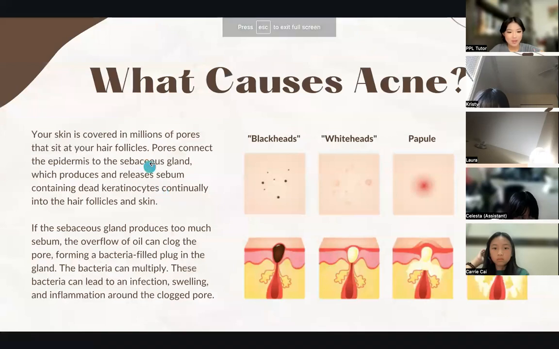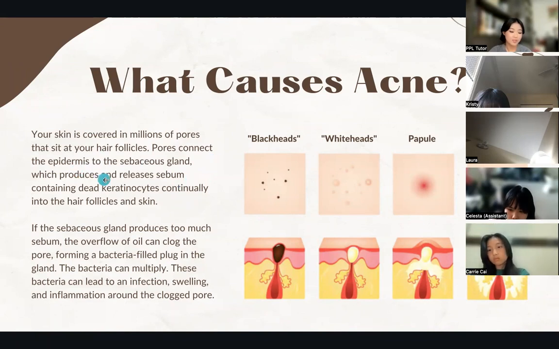Okay, so your skin is covered in millions of pores, and your pores connect your epidermis to the subcutaneous sebaceous gland, which is the subcutis, which produces and releases sebum containing dead keratinocytes continually into the hair follicle and skin.